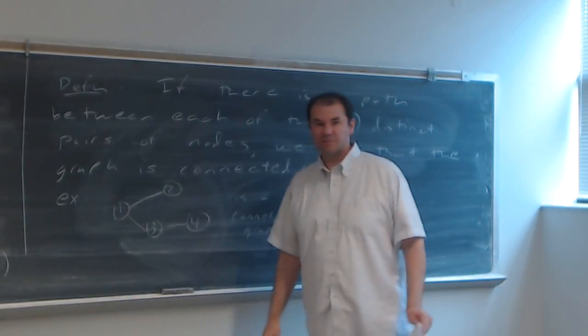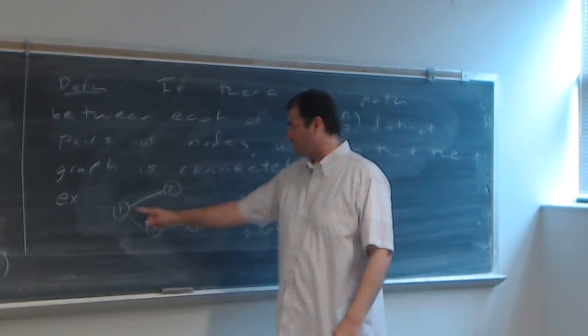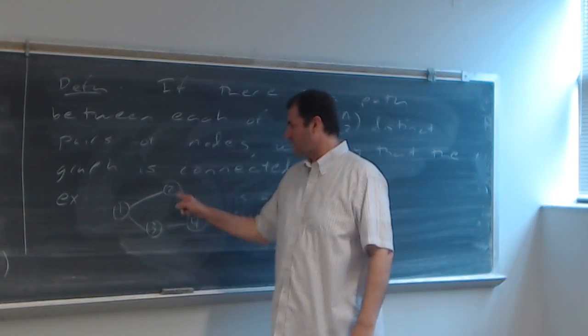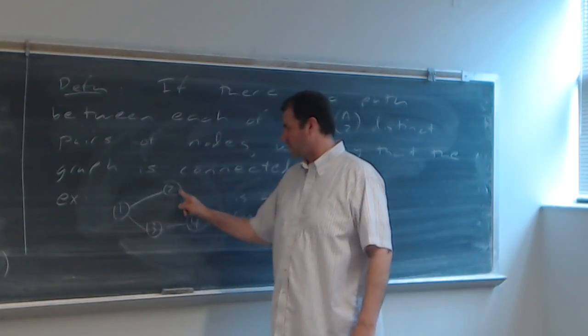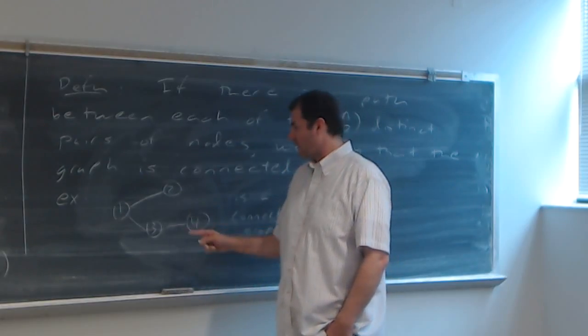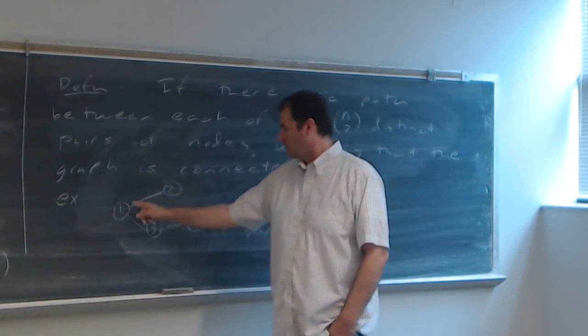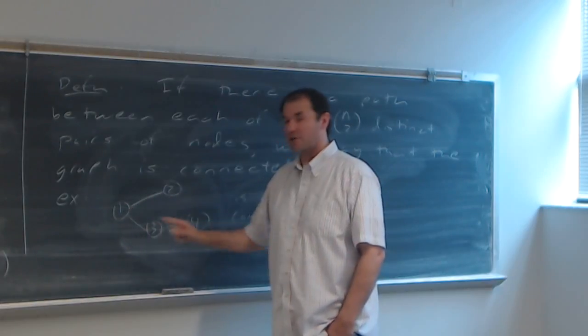And the reason is, between any two nodes that you pick, there will be a path between them. So here, if I pick 1 and 2, there's a path between them of one particular arc. If I pick the nodes 2 and 3, is there a path between them? Yes, there's an arc from 2 to 1, and then from 1 to 3.